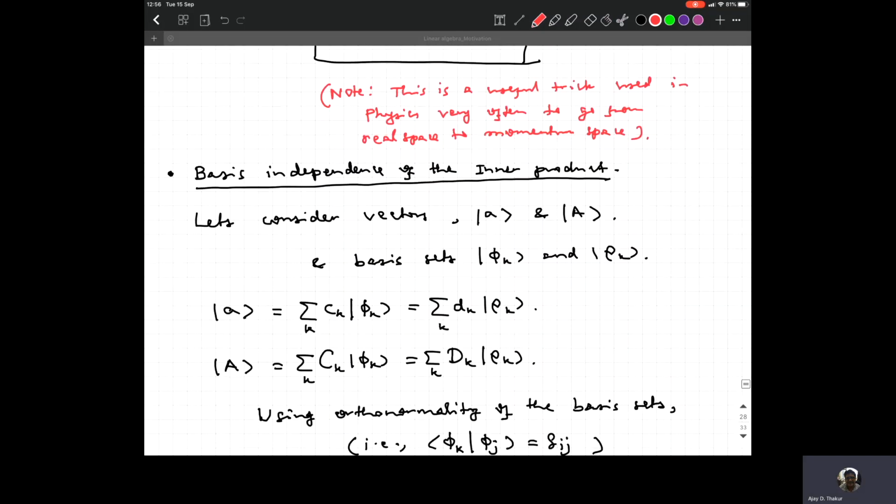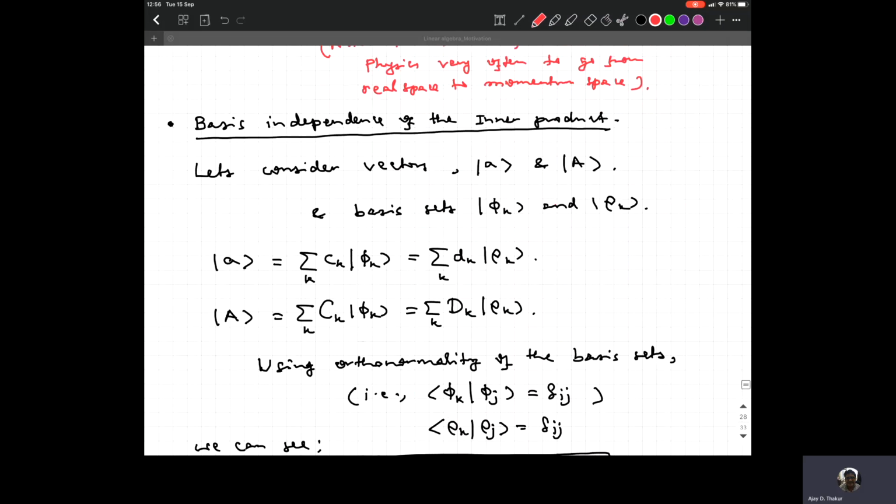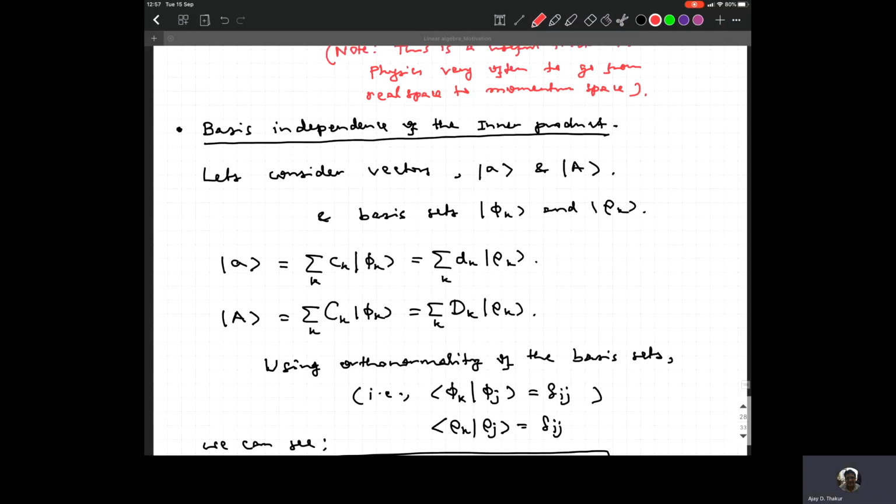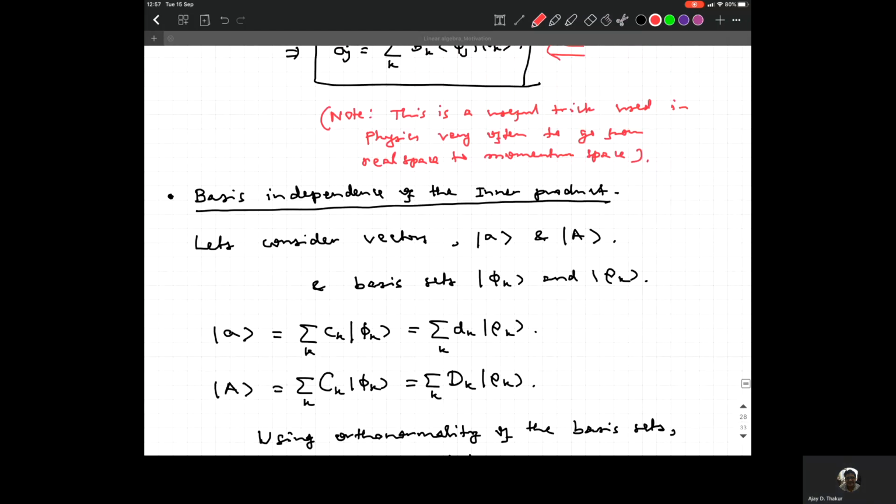The next result is about the basis independence of the inner product. Let us consider vectors small a ket and capital A ket and basis sets phi k and rho k as before. Let's write down the small a ket in terms of the phi k basis and the rho k basis, where the corresponding coefficients in the expansion are ck's and dk's.